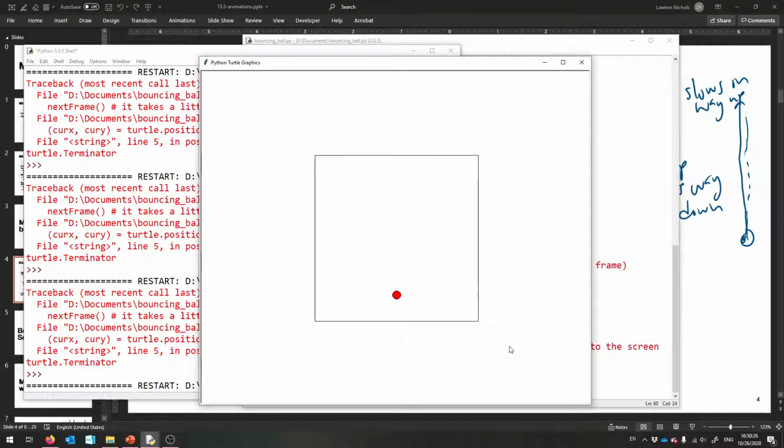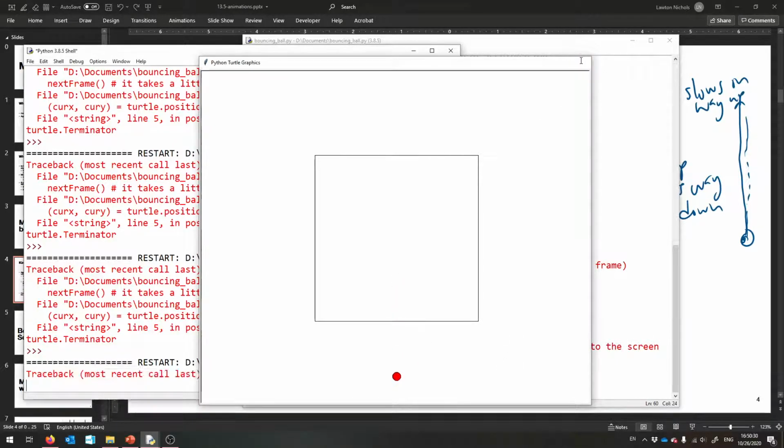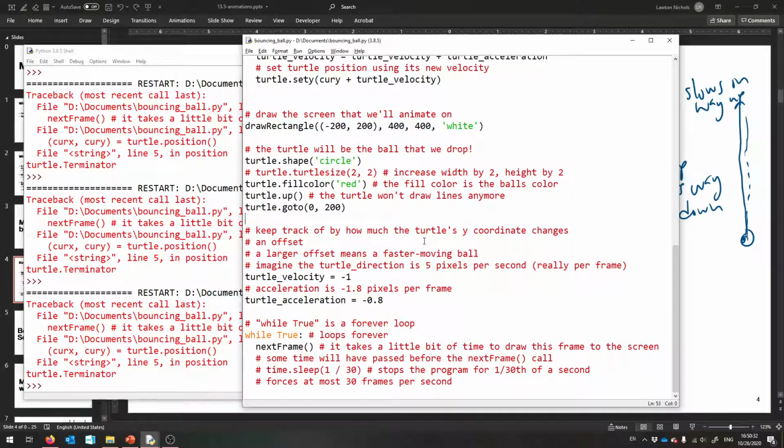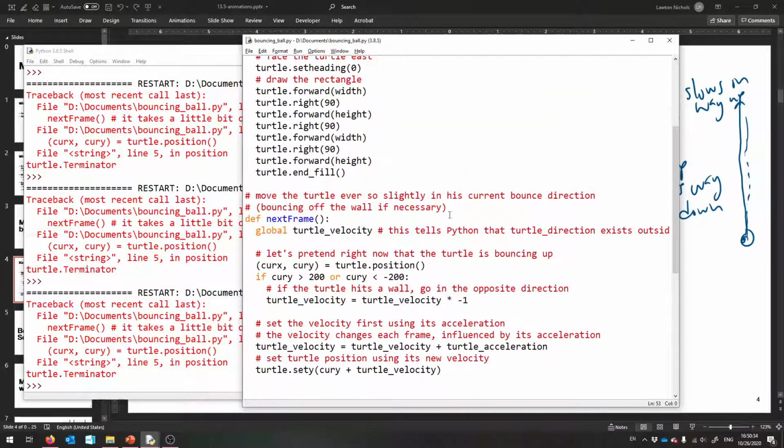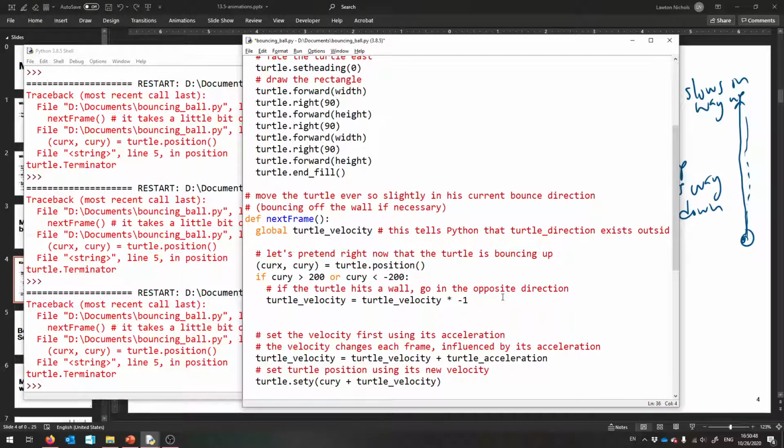And of course it's going to slow down a little bit. And then it's going to start going off in the distance. And so there's a slight bug in our program somewhere. And I think that has to do with how we're figuring out if it hits the wall. So it's not enough to set its velocity now. We should also put the turtle on the right side of the wall.